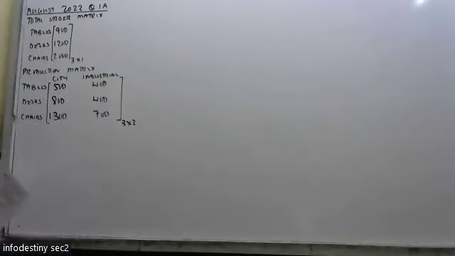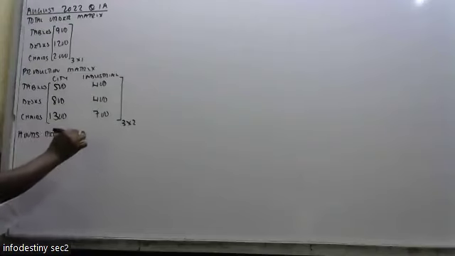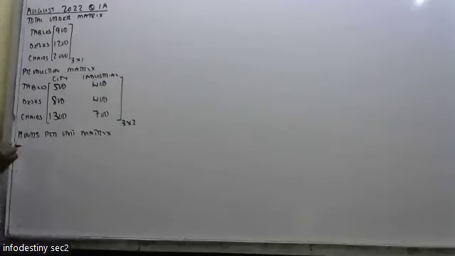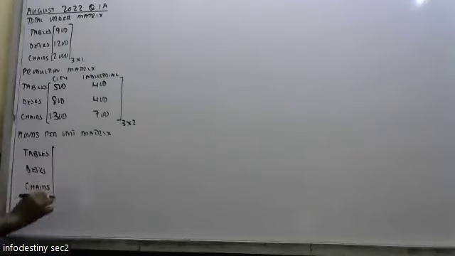Now, production of each table requires 3 hours in the machine department, 5 hours in assembly, and so on. So we can have the hours per unit matrix. Again, we have tables, desks, and chairs.